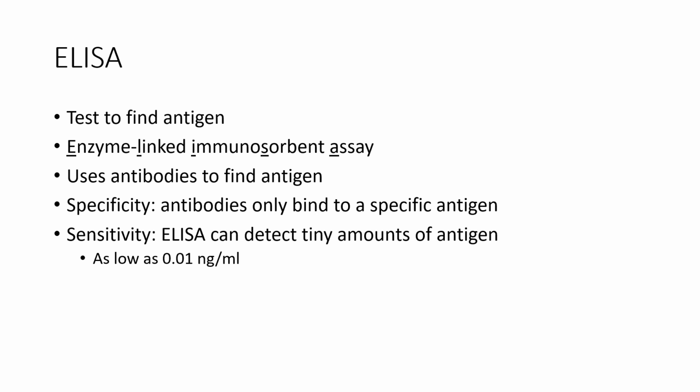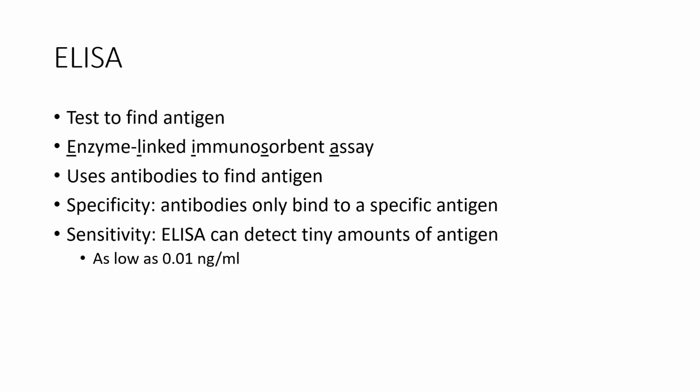One of the antibodies has an enzyme linked to it. An assay just means test. So it's a test that involves antibodies, enzymes, and a place for it to happen. Okay, so we have some absorbency going on. The antibodies, of course, are very specific, so we can use them to find a particular antigen.